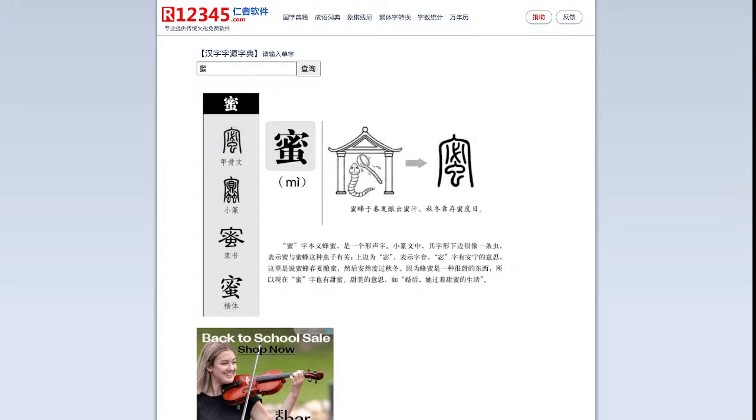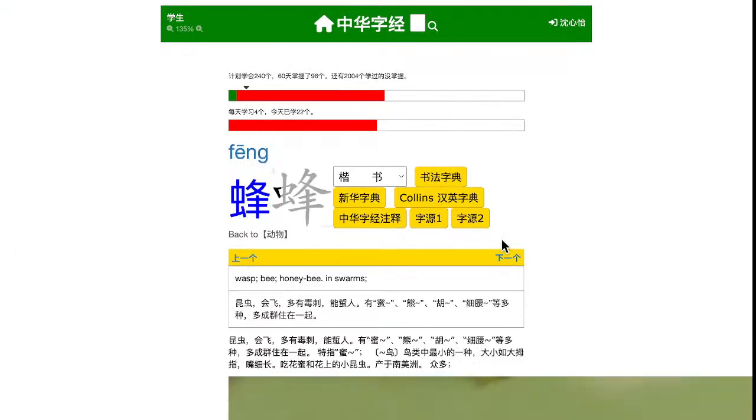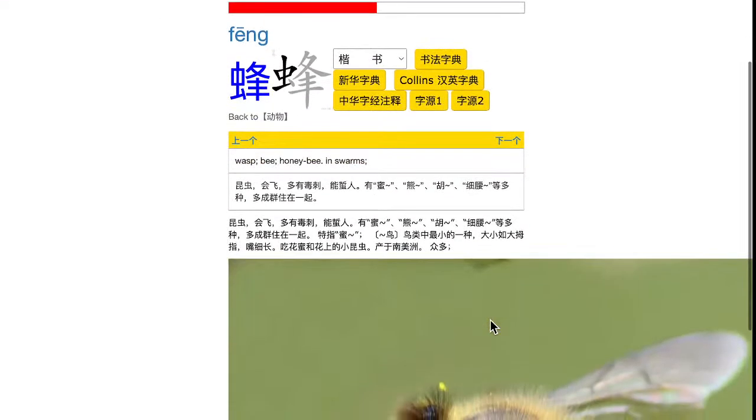Okay, not really that fancy. 蜂 means bees, swarm, honeybees, things like that. Okay, and 蜜蜂, 蜜蜂.